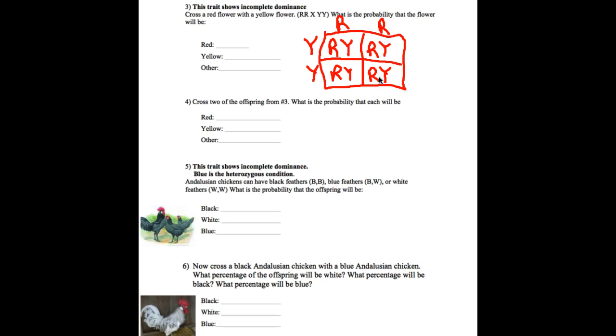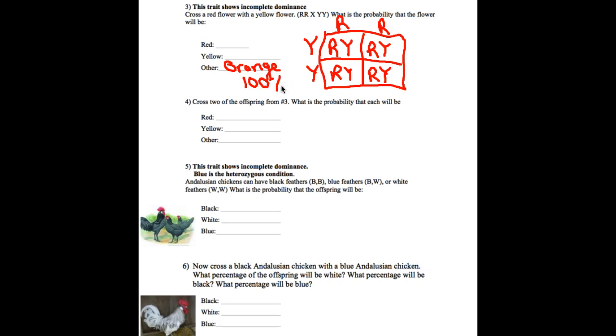We would have a 100% chance that the offspring would be other, and it would be orange. Orange is the incomplete dominant state. So if it's orange, it's 100%.